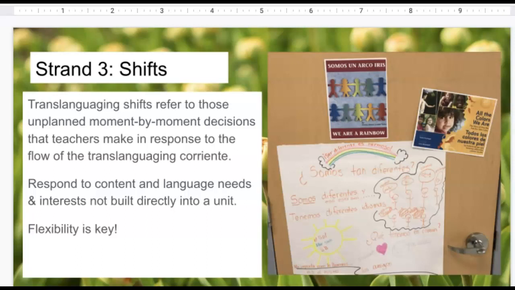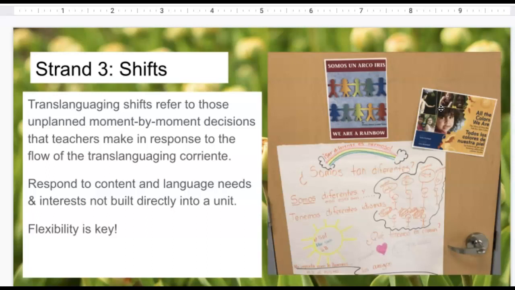So I stopped everything. I pulled out these 2 books, We Are a Rainbow and All the Colors We Are, and I did my own translanguaging lesson. So if you know the other target language, then you can do it yourself, and you can color code yourself, right? You could do what we did here, because I didn't have the English teacher in my room with me to do something that we had planned together.